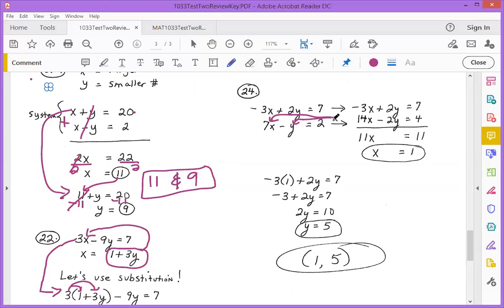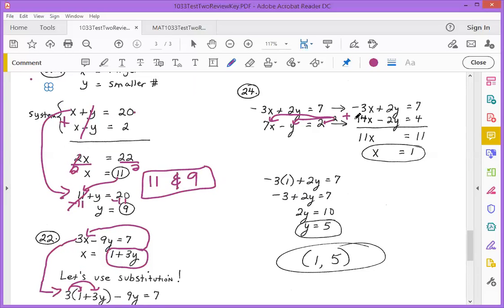But remember, we've got to multiply everything in that bottom equation by 2. So that bottom equation, 2 times 7x gives us 14x, 2 times the minus y gives us negative 2y, and 2 times 2 gives us 4. The top equation will stay the same, and then we'll add the top and bottom equations together.